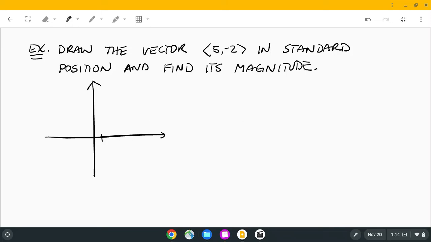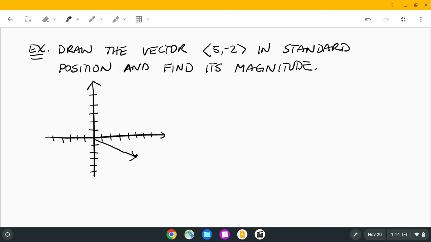So I'm going to travel to the right 1, 2, 3, 4, 5, and then down 2. So right here is where my vector ends.